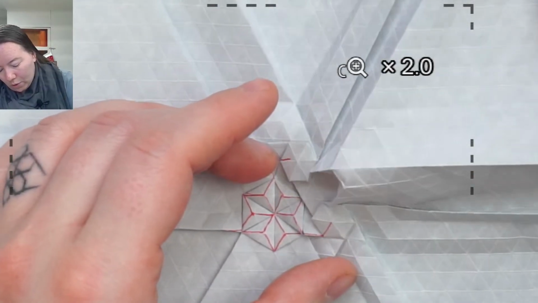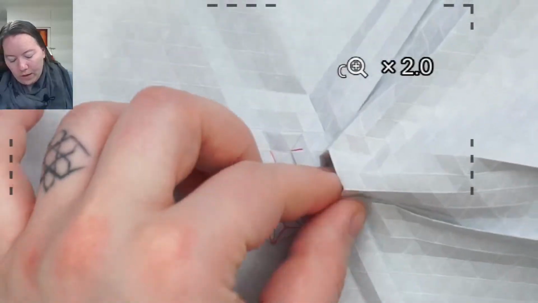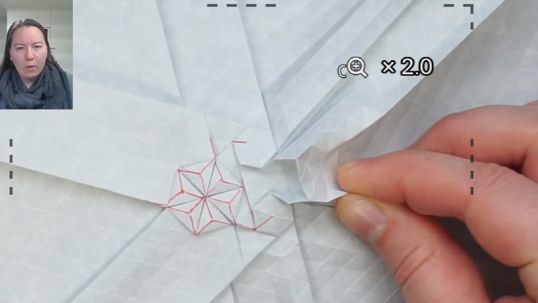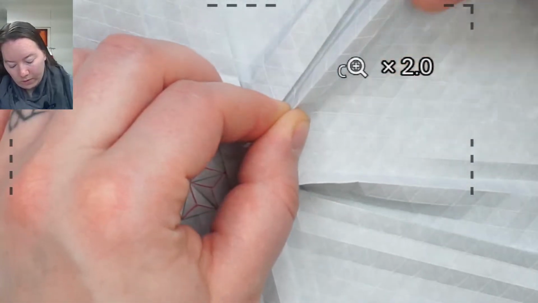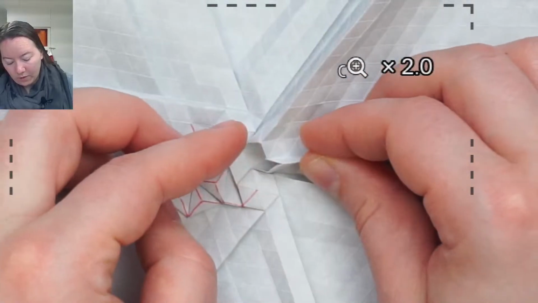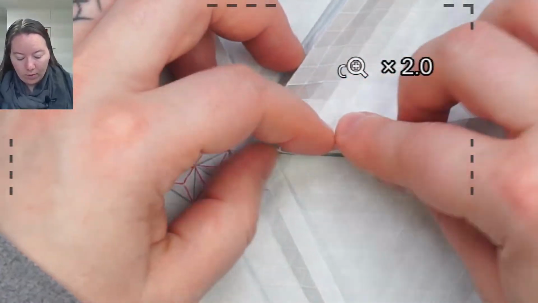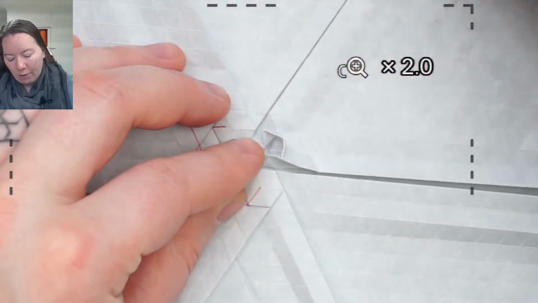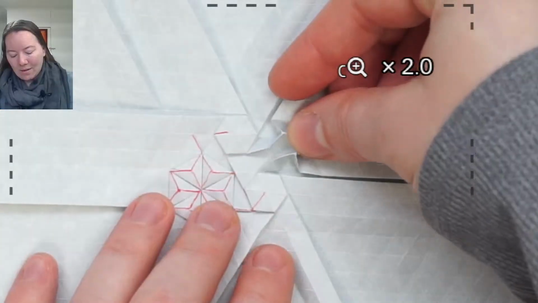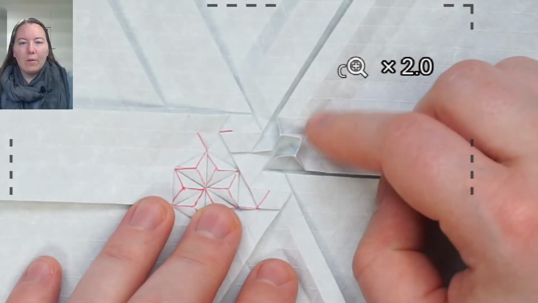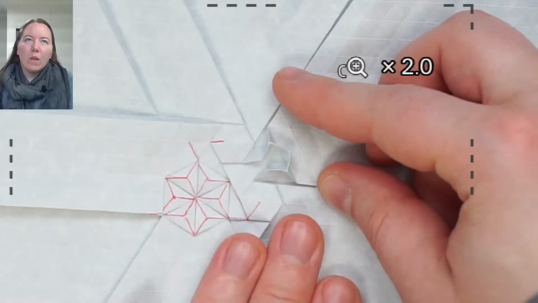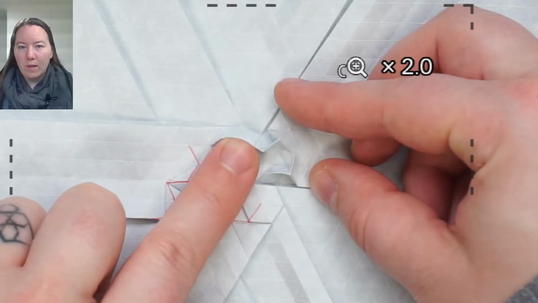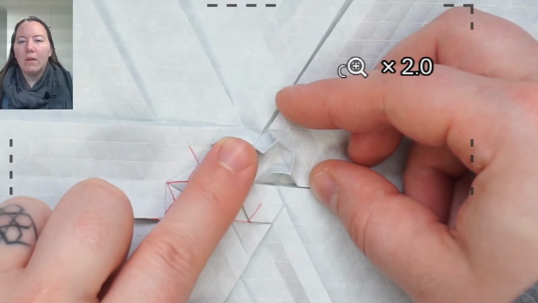So I can open this up. I'm going to open it up so I have this I-beam structure with 2 spaces between the 3-way intersections. I can also read this as I want to have tube pleats out on the outside. And since this was a less friendly overlap, I still have options because I can lift the flap coming from the closed hexagon.